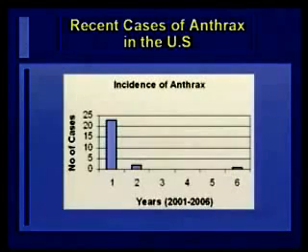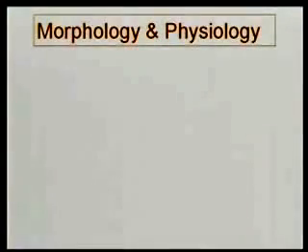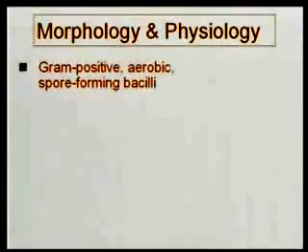Okay, so what is the incidence now? 2001, obviously you can see 22, 23 cases, and then since then, very little. 1 or 2. Morphology and physiology of the organism: it is a gram-positive aerobic spore-forming bacillus. Spore-forming.